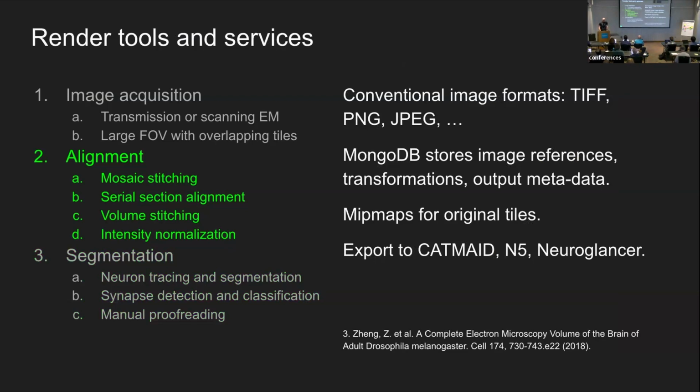Okay. We later transferred the capabilities for alignment of this tool into a tool that started with the weird name Render. Only because it started as a command line tool that was called render that stuff, which made a lot of sense.